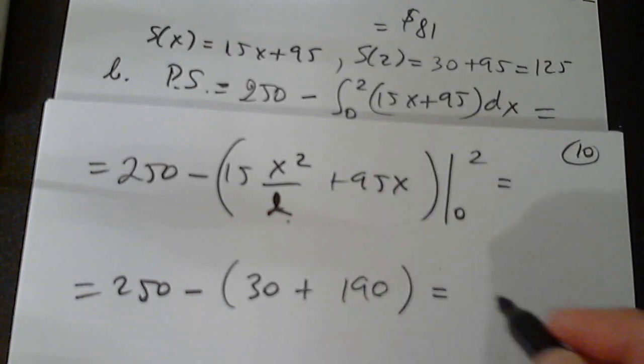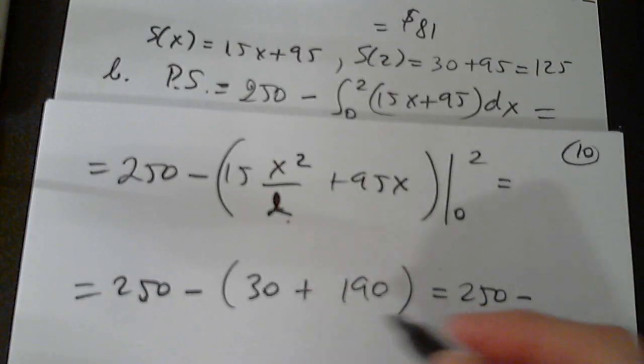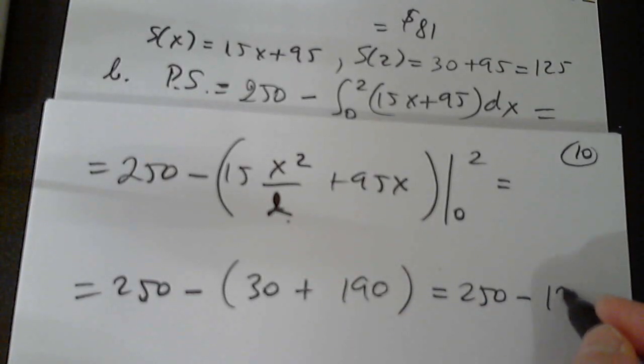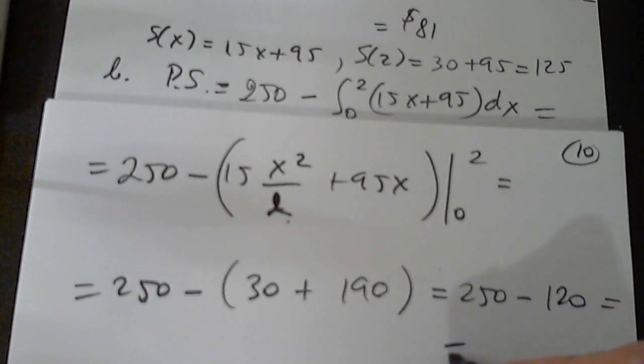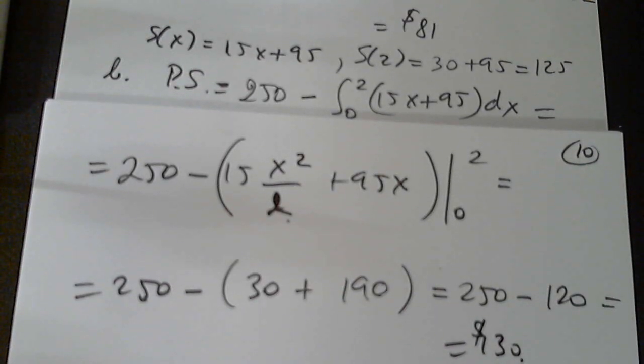So 250 minus 120. So this is 130. And that's the producer surplus.